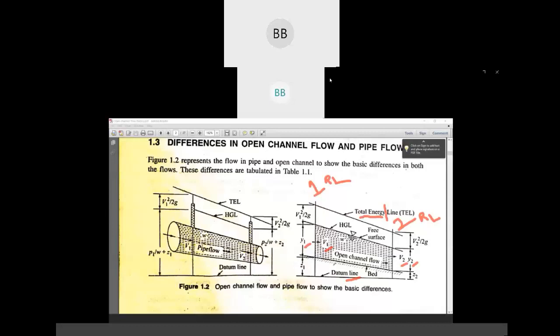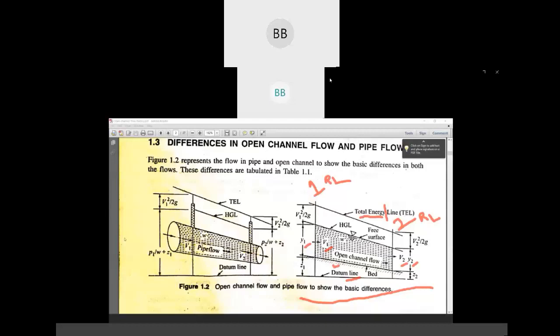The datum line is nothing but an imaginary line beneath the ground. You can put it here or there, but this reference line should be the same for both sections.